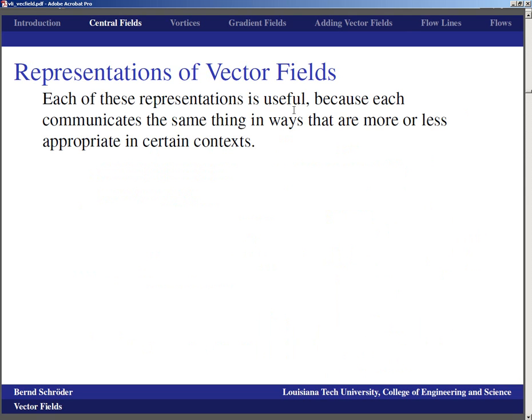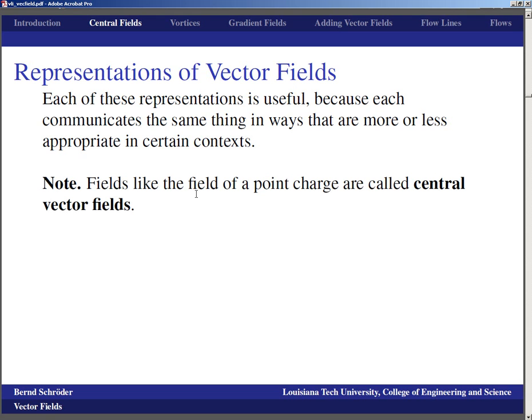I've already indicated number 1 is often used in physics books when you are looking at more of a descriptive way to separate the magnitude from the directions of the vectors, whereas the last one, of course, is much more useful when you have to do computations with the components, because it gives you the components explicitly. And so each of them is useful because each communicates the same thing in ways that are more or less appropriate in certain contexts, such as verbally describing a field versus actually doing computations with it.